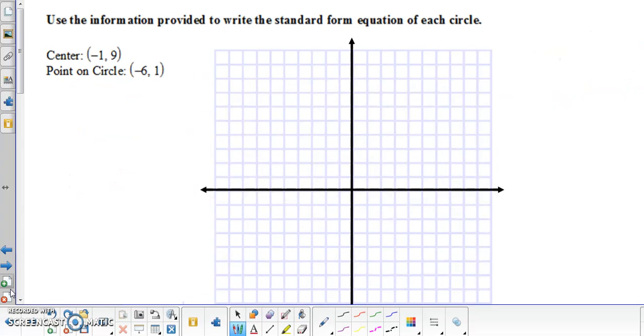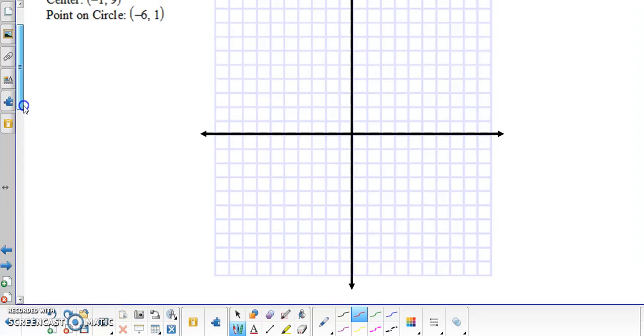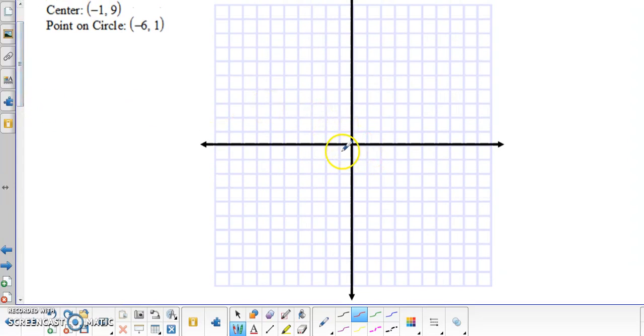So right here it says to use the information provided to write the standard form equation of each circle. This is where a lot of people seem to kind of get lost. So if my center is at -1, 9, I'm right here.